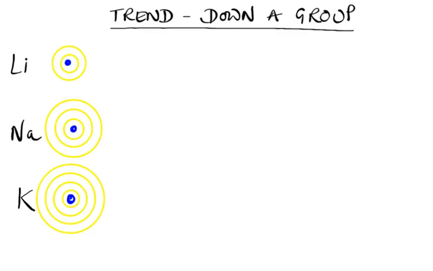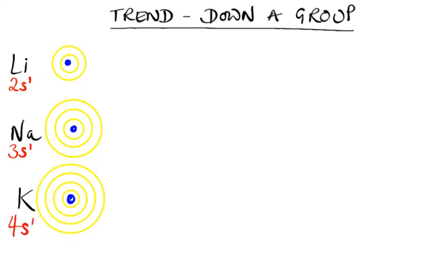Let's have a look at the trend of ionisation energies as we go down a group. I've picked group 1 just to have a look at: lithium, sodium, potassium, just the start of group 1. In terms of their electron configurations, lithium's finishes with 2s1, sodium's finishes with 3s1, and potassium's 4s1.